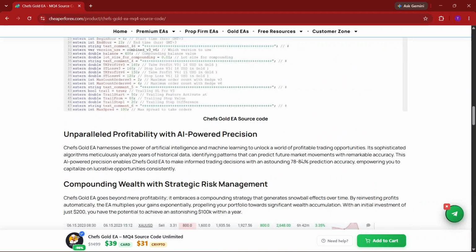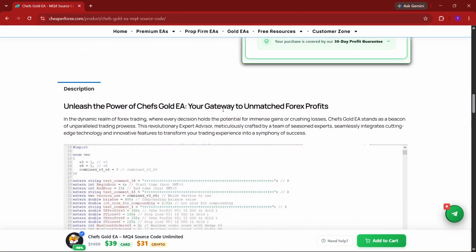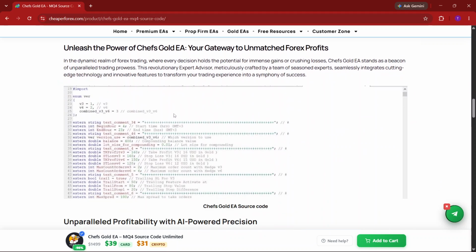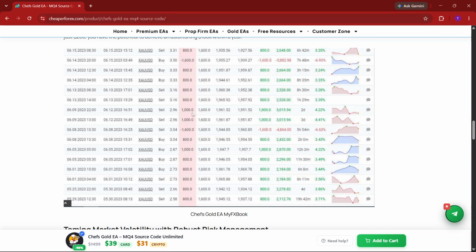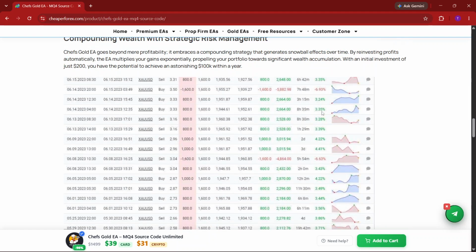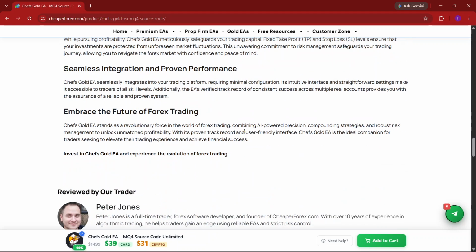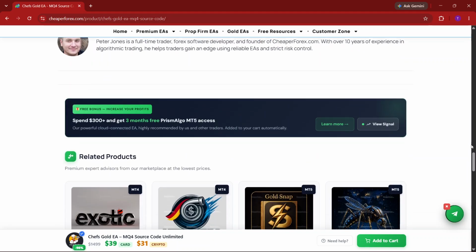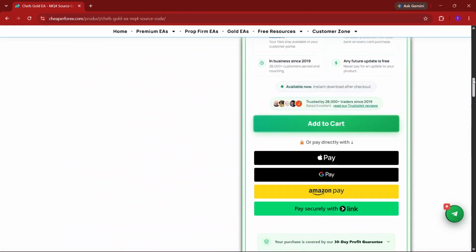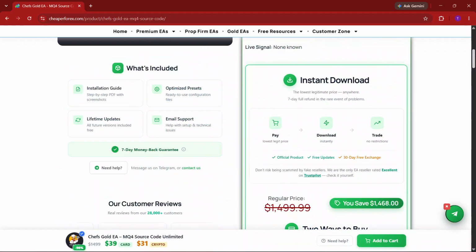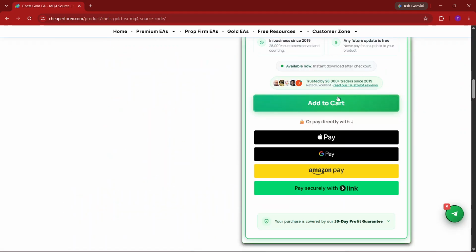But I'm not seeing any signal page for this EA. We can see part of the source code here. We can see a screenshot of the compounding effects and others. Overall, that is everything on the page. A bit lackluster, as you can't really test it to see what it contains or its effect.